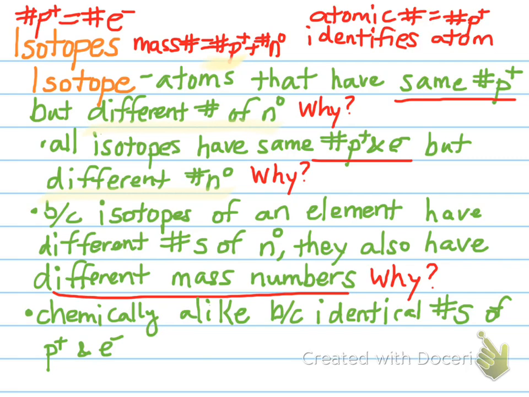Most all the chemical behavior is because of electrons in atoms. So the fact that isotopes have the same number of electrons, and because they have the same number of protons, which means they're the same atom, these isotopes, although they have different mass numbers, tend to react the same way in chemical reactions.